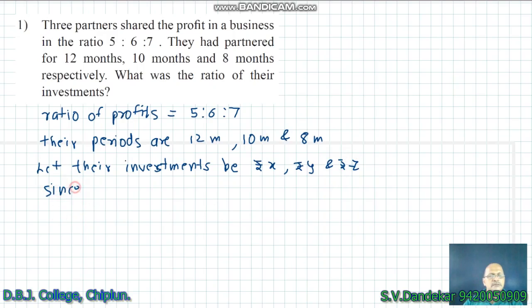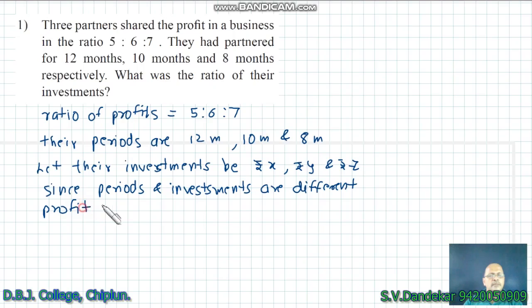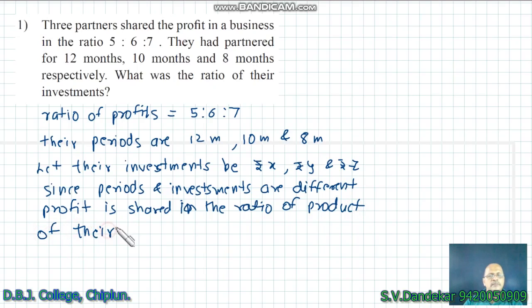Since period and investments are different, profit is shared in the ratio of the product of their period and investment.